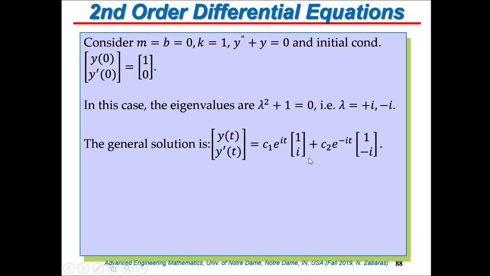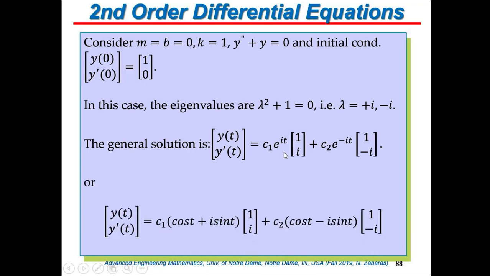So this is the general solution that you have for our system. And if you expand these exponentials in sines and cosines, you basically get something that looks like what you see here. So what basically remains now is to apply the initial conditions, that y and y prime are equal to 1 and 0.